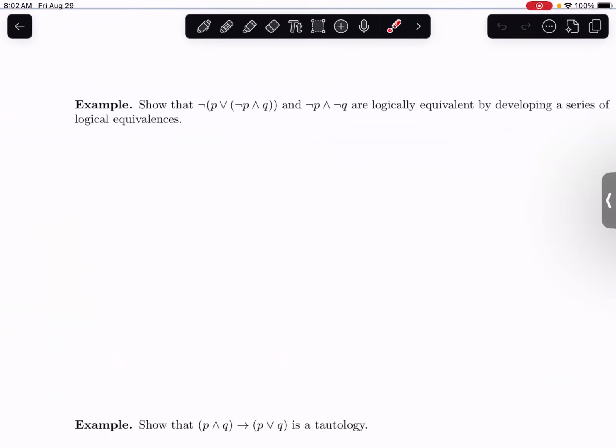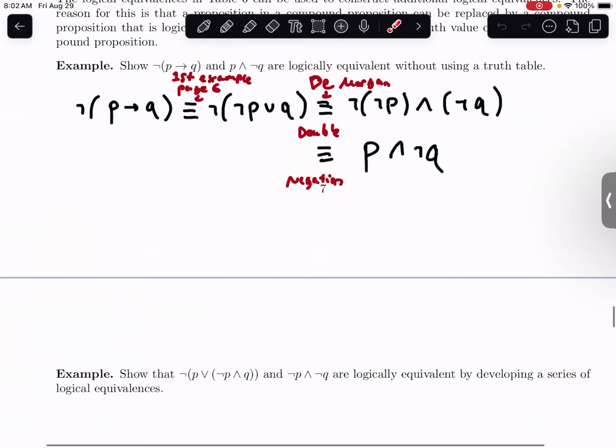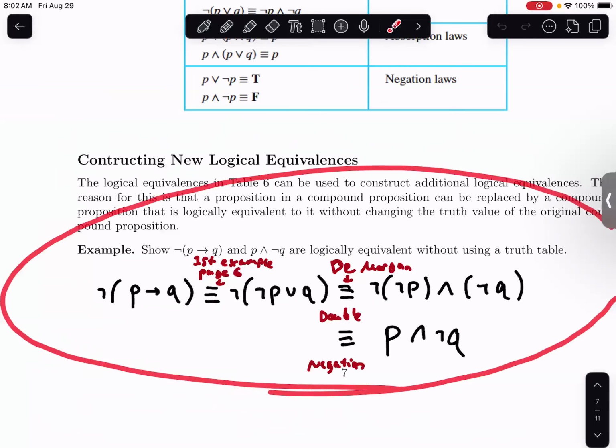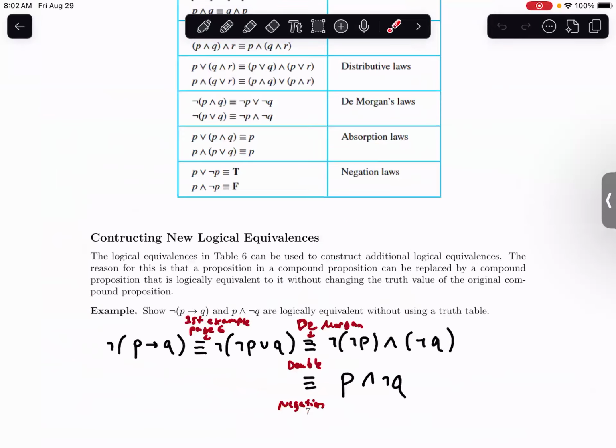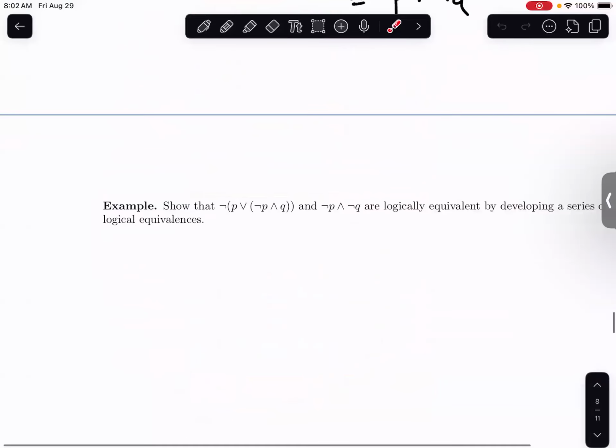So for this first example, what it wants you to do is show that these two propositions are logically equivalent to one another by developing a series of logical equivalences. This is similar to the last problem that we did on Wednesday. So you want to make use of this table and all the identities in it in order to go from this statement to this statement via a series of equivalences.